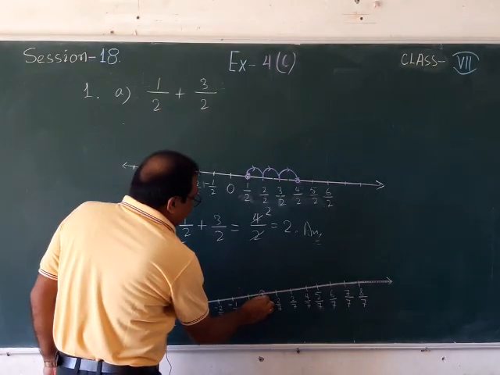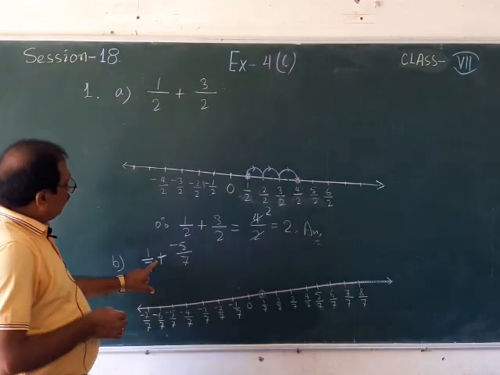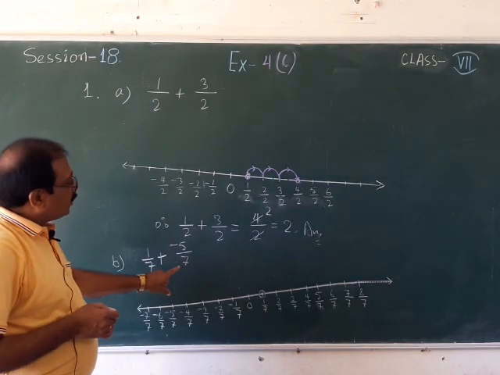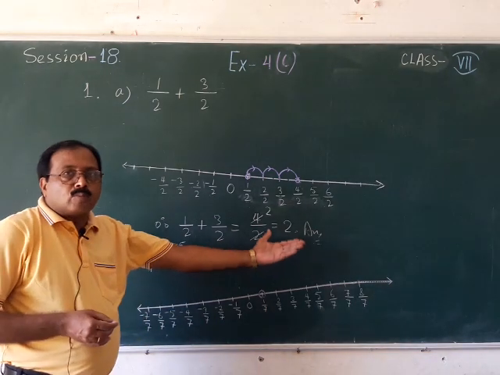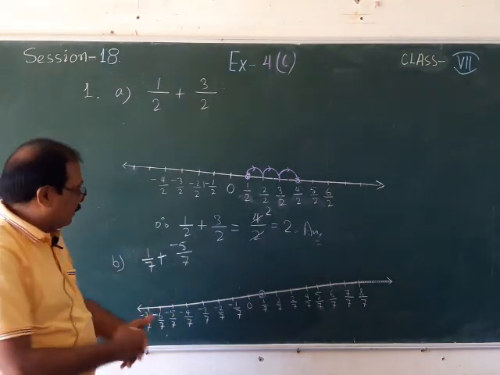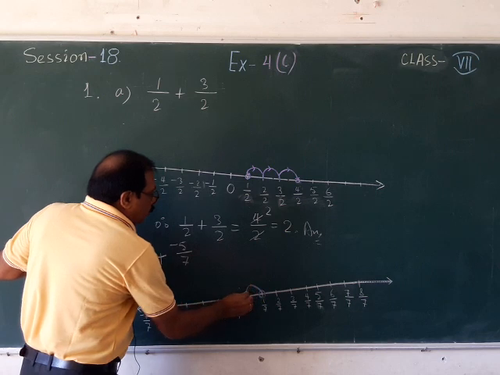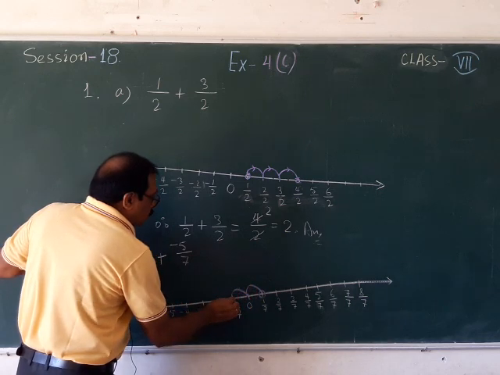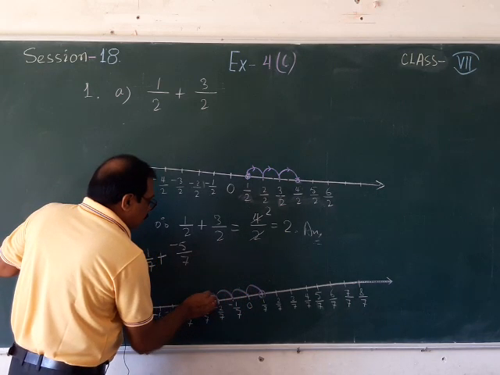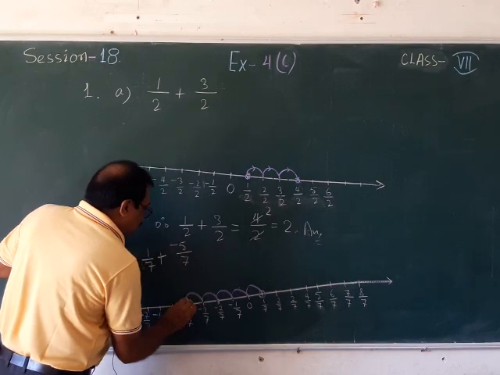Now you are at 1 by 7. Then you want to add minus 5 by 7, that means you have to move to the left side. How many steps? 5 steps, so just count. This is 1, this is 2, this is 3, this is 4, this is 5th.